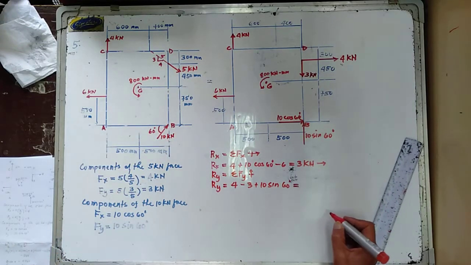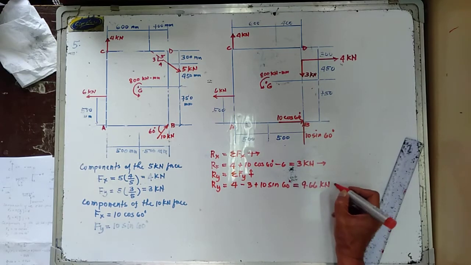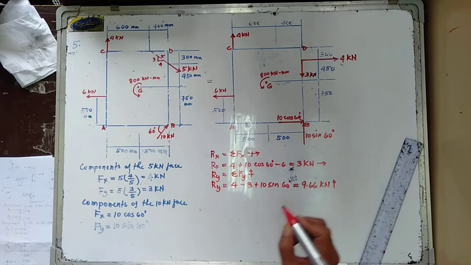Therefore, Ry is equal to 9.66 kilonewtons going upward.